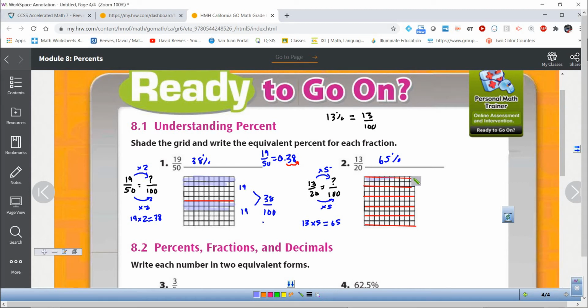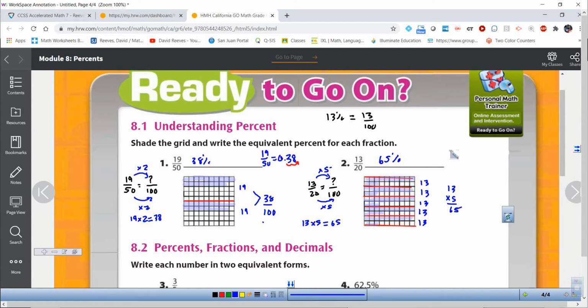So there would be 10, and then 3, in each section. So I have 13 colored in here, 13 here, 13 here, 13 here, 13 here, and I get that 13 times 5, which is 65. That's the part that's colored in over the total of 100.